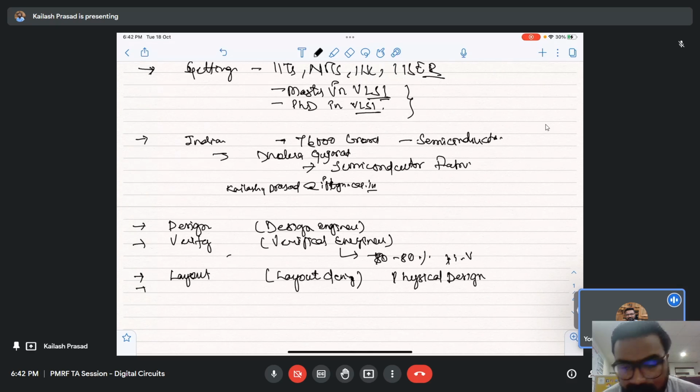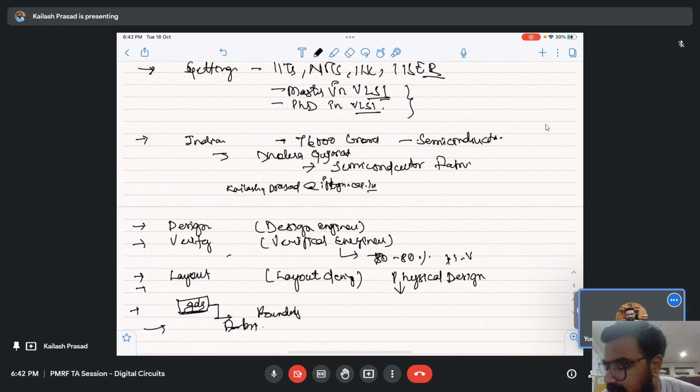And there are various steps in that: timing analysis you have to do, functional analysis you have to do, IR drop analysis you have to do, so many analyses. And the physical designer's job is to do all of that. Various kinds of physical designers are available, and then the final layout, this is called a GDS, the final layout of the chip, you send it to a foundry, and the foundry fabricates it and makes a chip out of it, right?